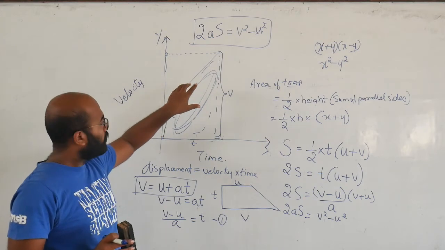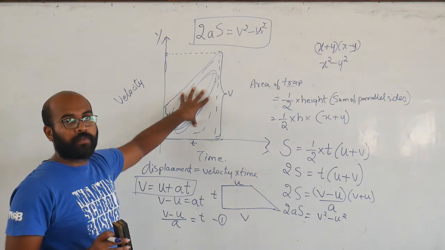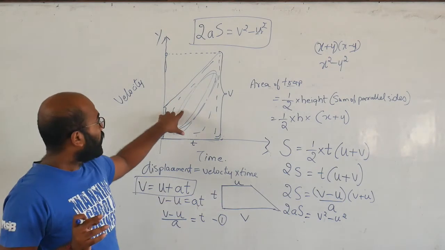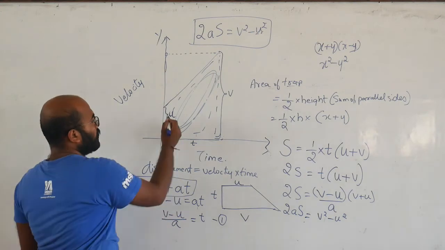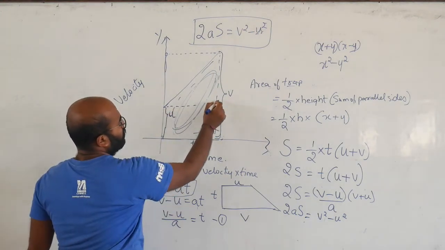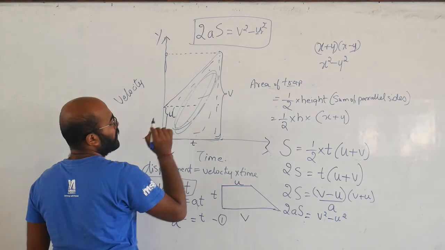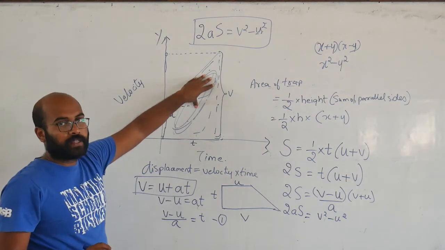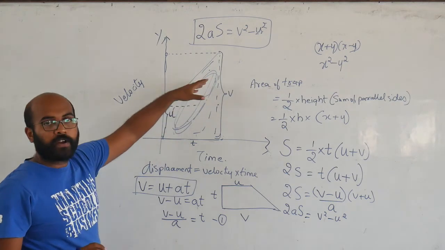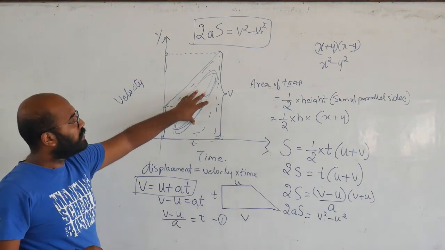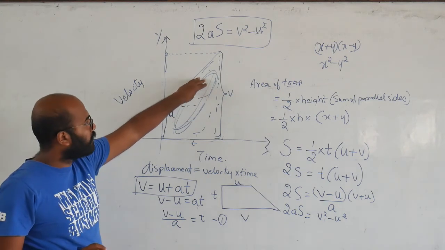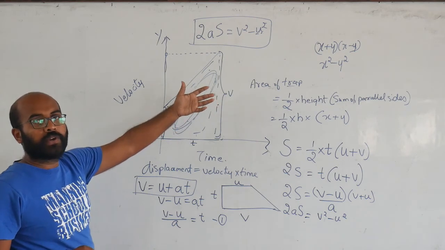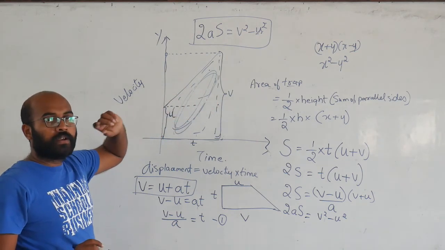We have to find the area again, but we won't use the area of trapezium formula. We divide it into one triangle and one rectangle, find the area of the rectangle and the area of the triangle, and adding them gives the area of the trapezium. We will see how the area of triangle plus area of rectangle gives one more equation, that is s is equal to ut plus half at square.